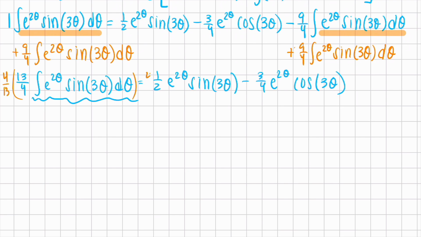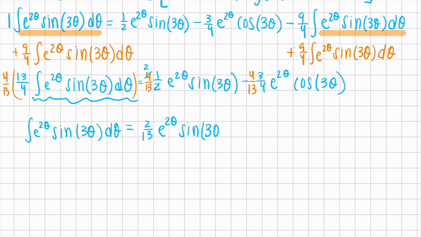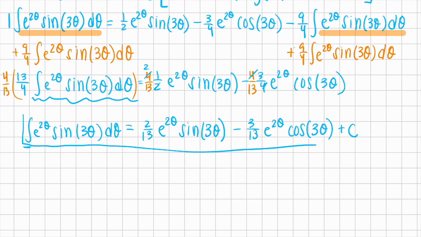So I'm going to multiply both of these terms by 4/13. So that's going to tell me that my integral equals, simplify, this is going to be a 2/13 minus my 4's cancel, 3/13 e to the 2 theta. And then it is an indefinite integral at the beginning, so don't forget your plus c at the end. And that is your answer.